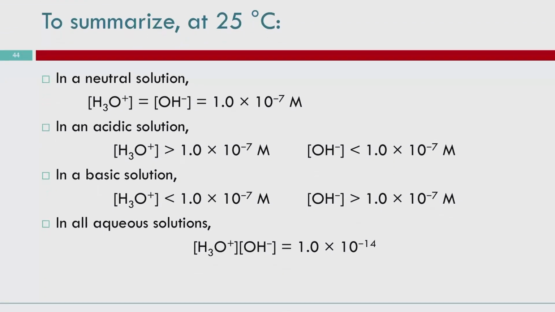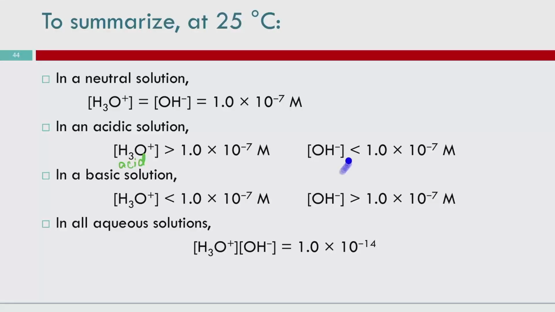So, in a neutral solution, we saw this on the previous slide. The concentration of the H3O+ is the same as the concentration of the hydroxide, which is 1 times 10 to the minus 7 molar. That's our neutral ground. In an acidic solution, our concentration of the acid part is greater than 1 times 10 to the minus 7.